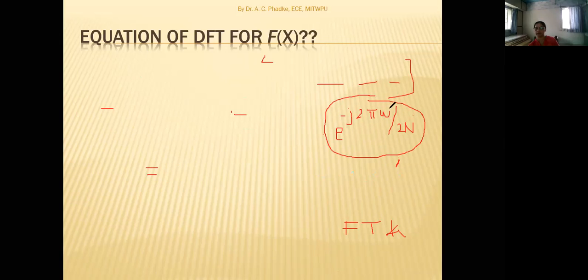We can call this the forward transformation kernel g, which is a function of w and x. This is the general representation, g of w comma x, because it is a function of both x and w.